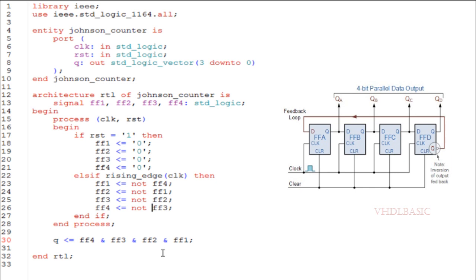If you see the process at line number 17, if reset is asserted, then all the flip-flop outputs will be cleared and assigned to 0. And in the circuit diagram, the first flip-flop output is directly connected to the second flip-flop input, the second flip-flop output is directly assigned as the third flip-flop input D, and the third flip-flop output is directly assigned to the fourth flip-flop input D. Then the output of the fourth flip-flop Q bar is assigned to the input D of the first flip-flop.